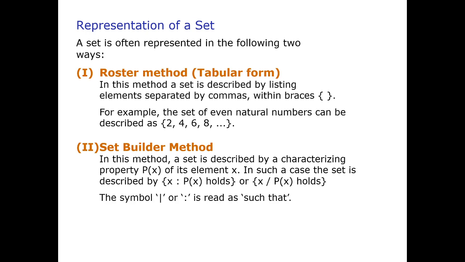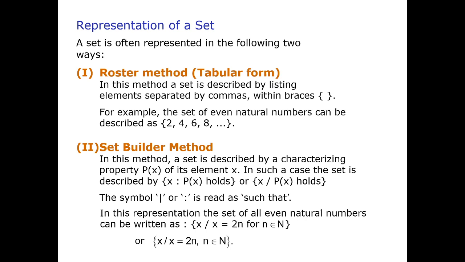The symbol, this single vertical line or dash, is read as "such that." In this representation, the set of all even natural numbers can be written as the collection of all those x such that x equals 2n for n belonging to the natural numbers, or the alternative notation.